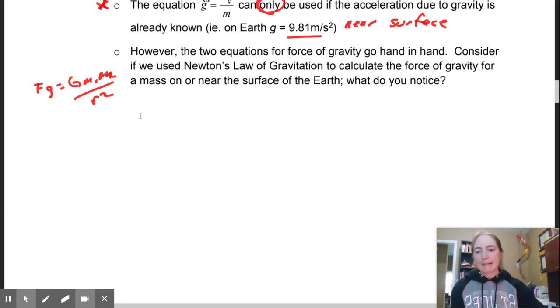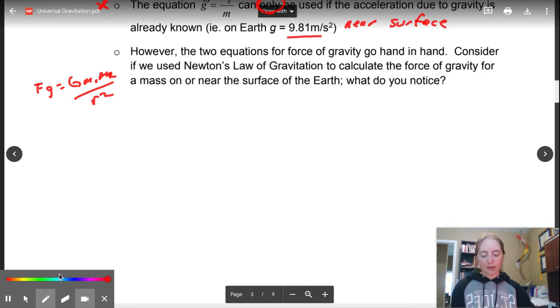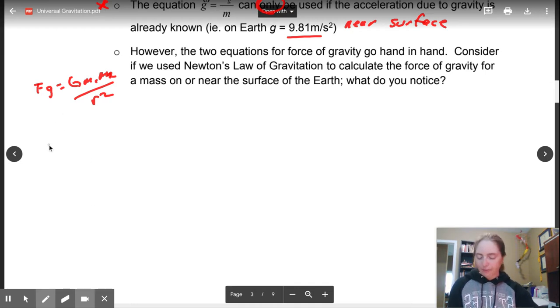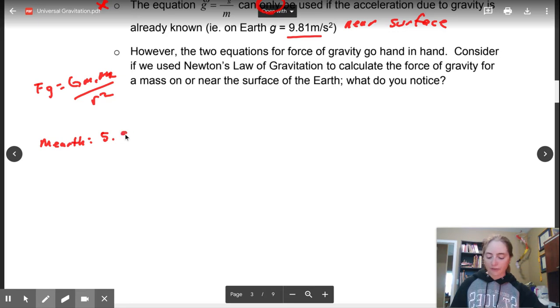Okay, so ladies and gentlemen, what we're going to do is I am going to write down some numbers here. So we're going to have the mass of Earth, which, according to your data sheet, is 5.97 times 10 to the power 24 kilograms.